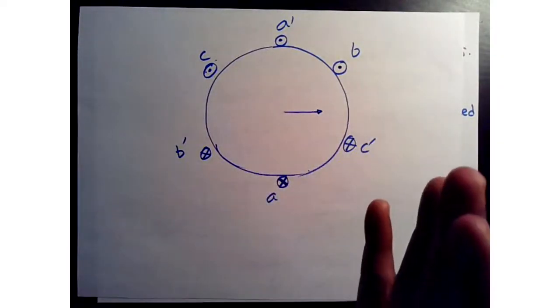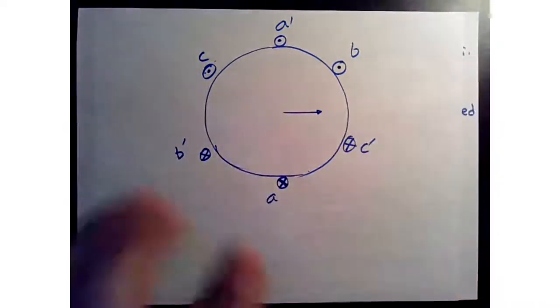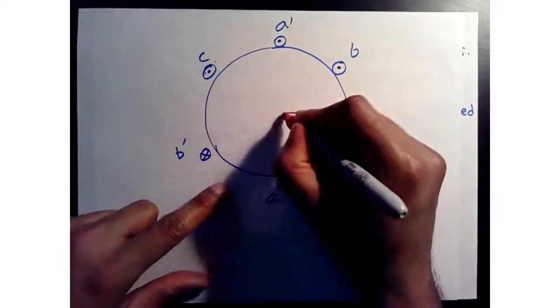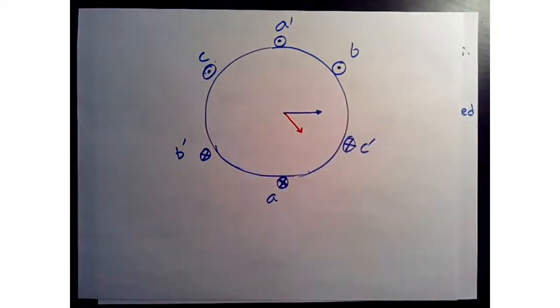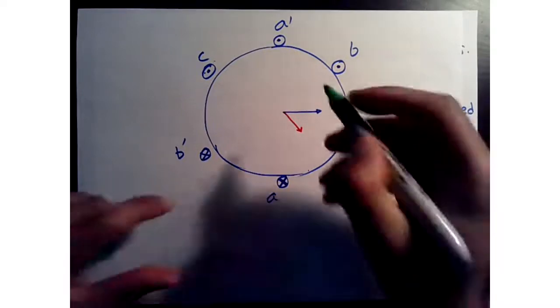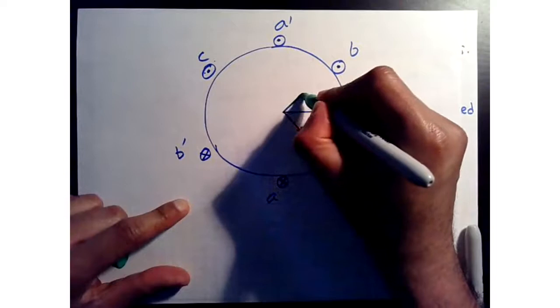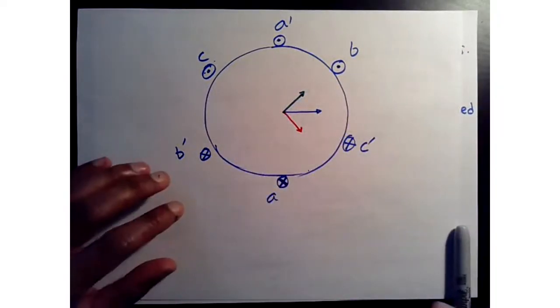From B, it's going to be in this direction, right? And from C, it's going to be in this direction. Okay. Oh, very nice. This is convenient.